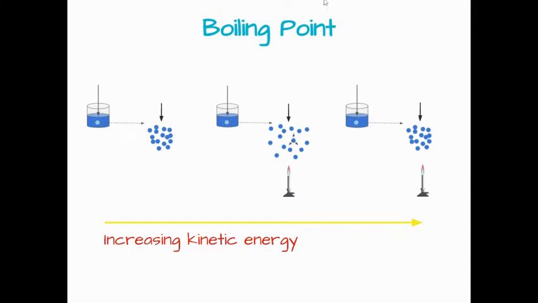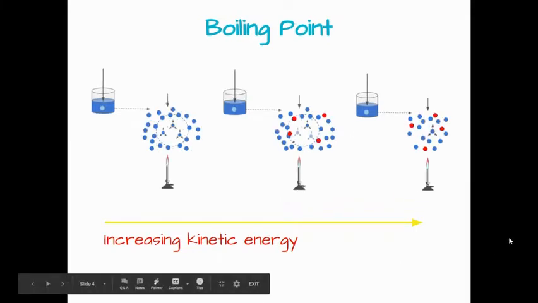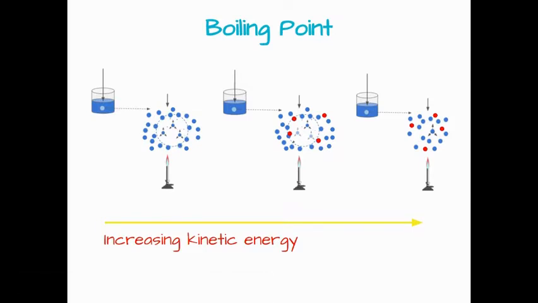Well, if the particles in the liquid haven't gained enough kinetic energy to create enough pressure in its collisions with the particles surrounding it, atmospheric pressure will push down and collapse the bubble. So we have a teeny tiny bubble starting here, but then atmospheric pressure collapses it, and the particles get closer together again. This slide shows us what happens when we have enough gas molecules forming to create enough pressure so that atmospheric pressure can no longer crush the bubble, so it retains its shape.